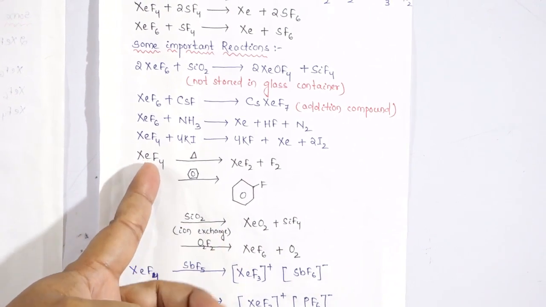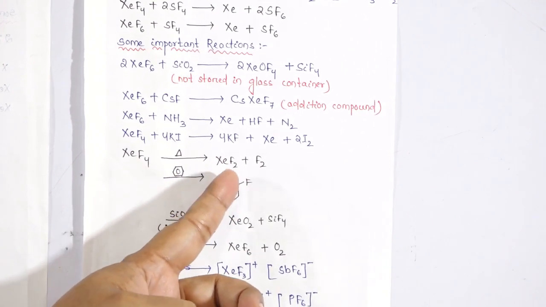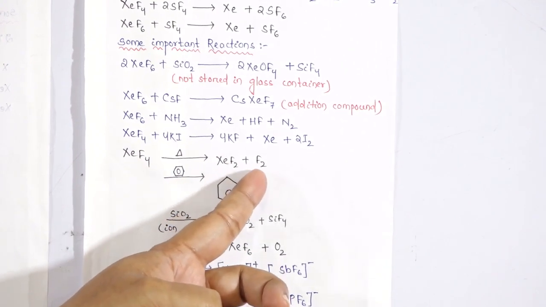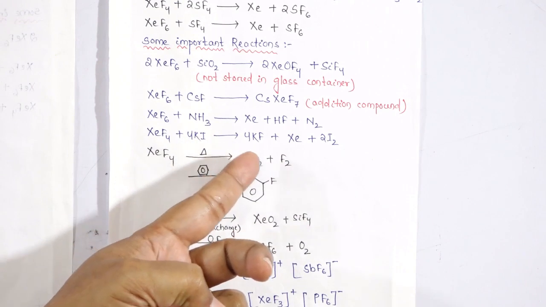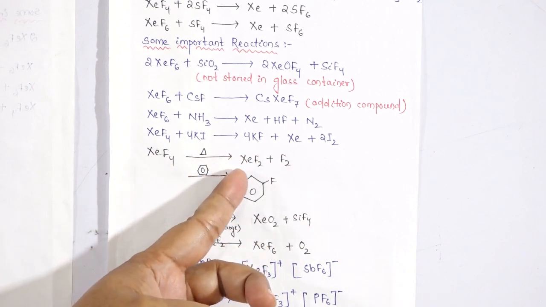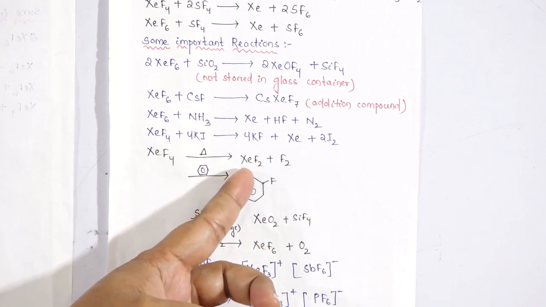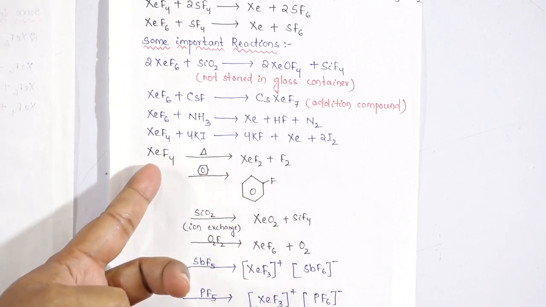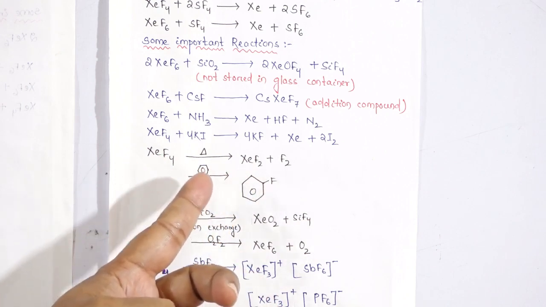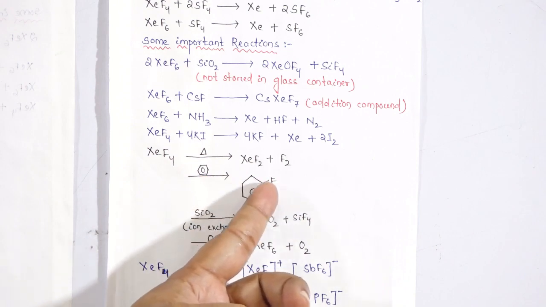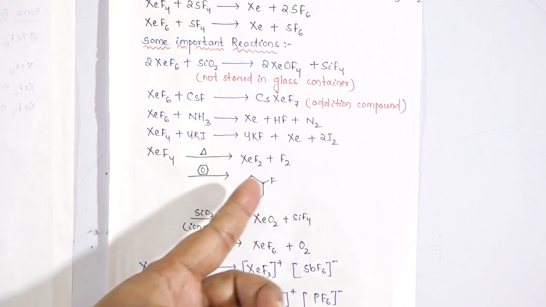Whenever xenon tetrafluoride is heated, there is the formation of xenon difluoride and fluorine. This may also be treated as one of the methods for the preparation of xenon difluoride. Xenon tetrafluoride reacts with benzene to form fluorobenzene.